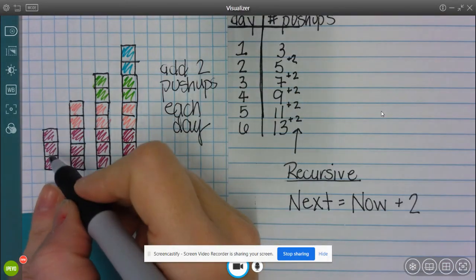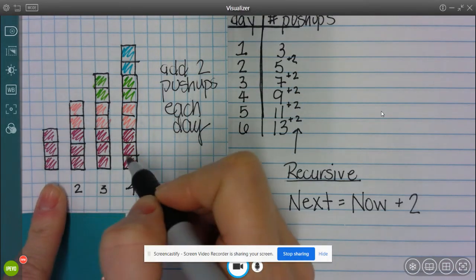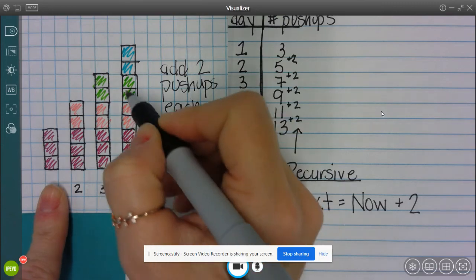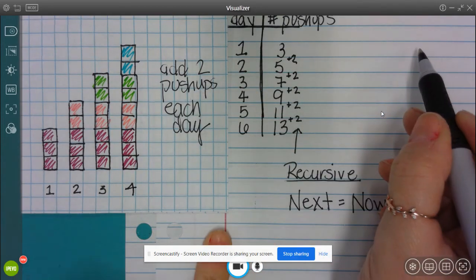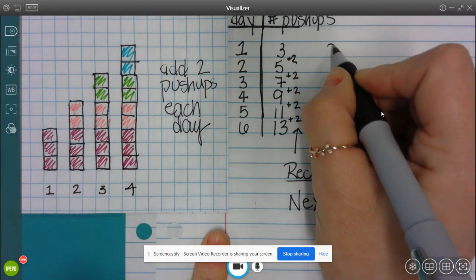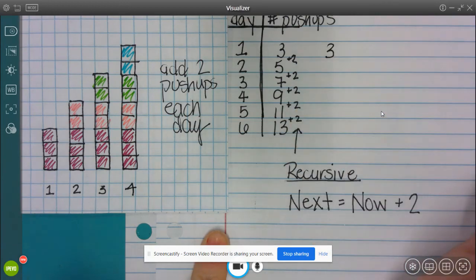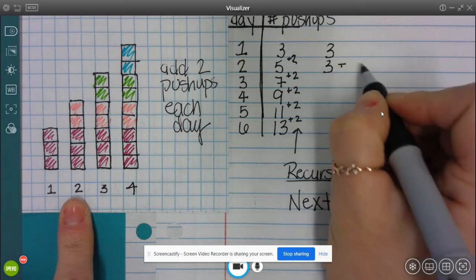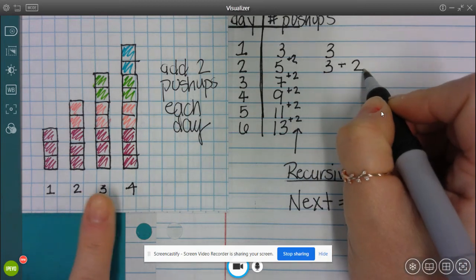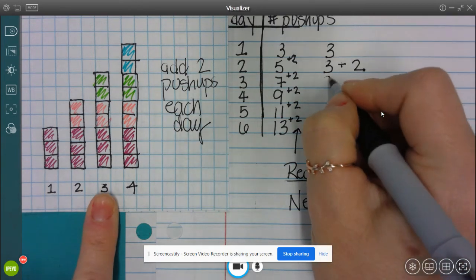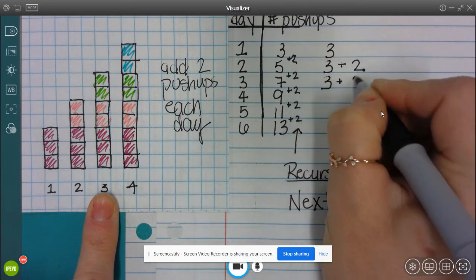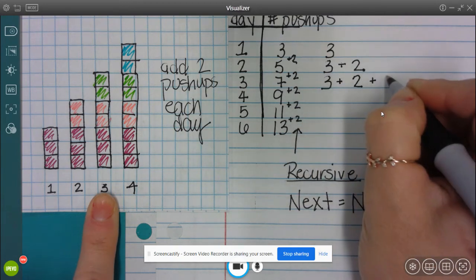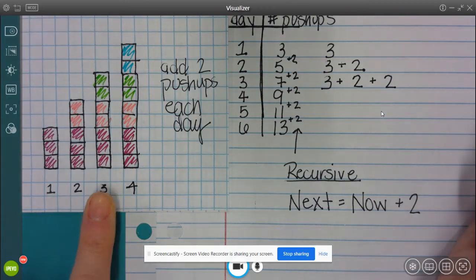So what I'm going to do is actually rewrite this documentation of my new push-ups on my table. So here I have my 3 push-ups. For day 2, I have 3 push-ups plus 2 more. For day 3, I have 3 push-ups plus my 2 orange push-ups plus my 2 green push-ups.